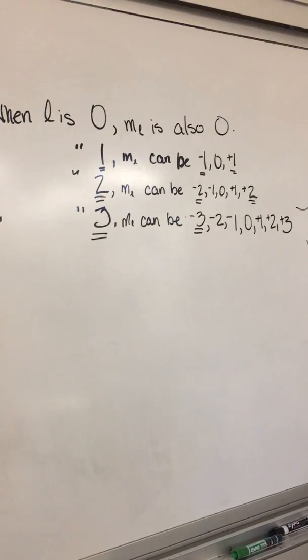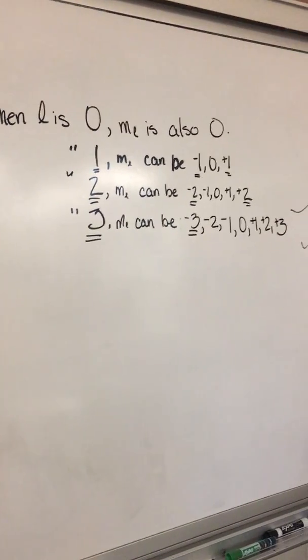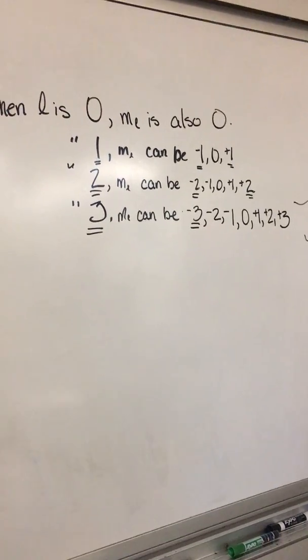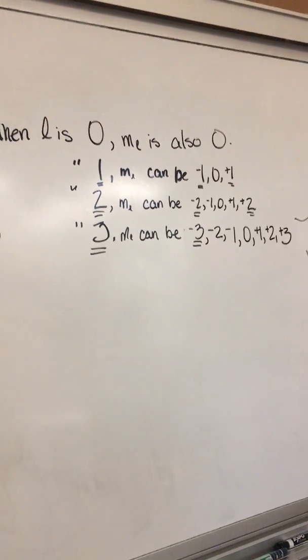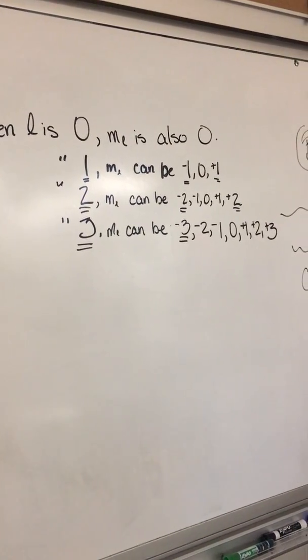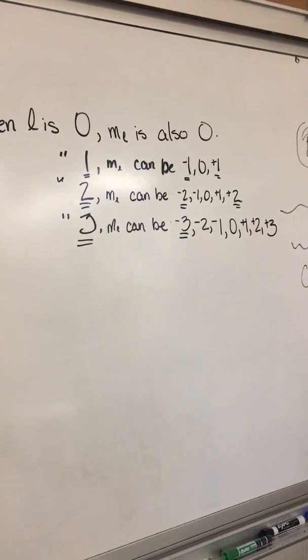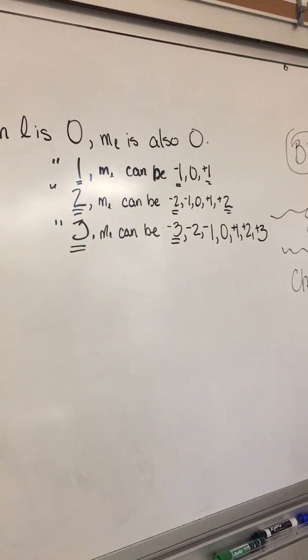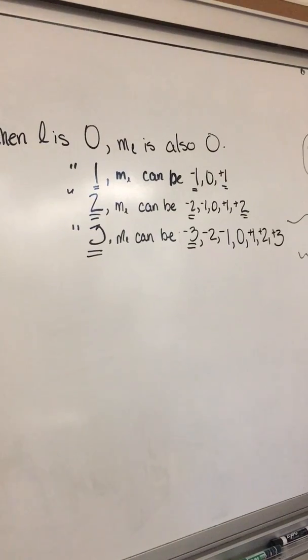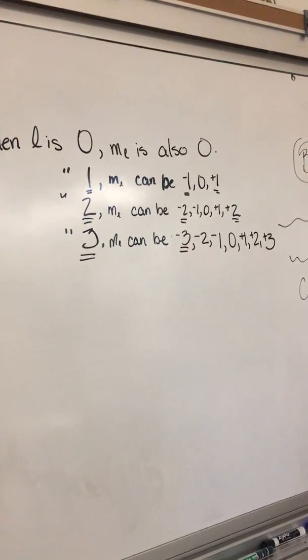When it's 2, it can be anywhere from -2 to +2. When it's 3, it can be anywhere from -3 to +3. And notice that 1 is the p orbital, 3 different orientations. 2 is the d orbital, 5 different orientations. And 3 is the f orbital, 7 different orientations. Okay? So we are at 1, and we have the possibility of -1, 0, and +1.